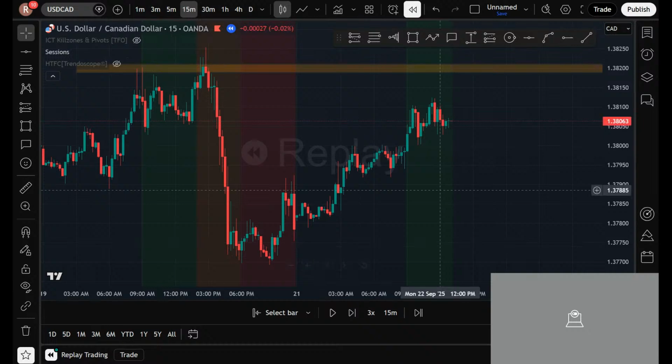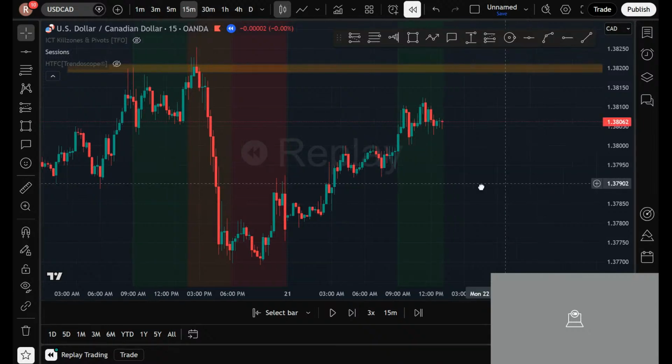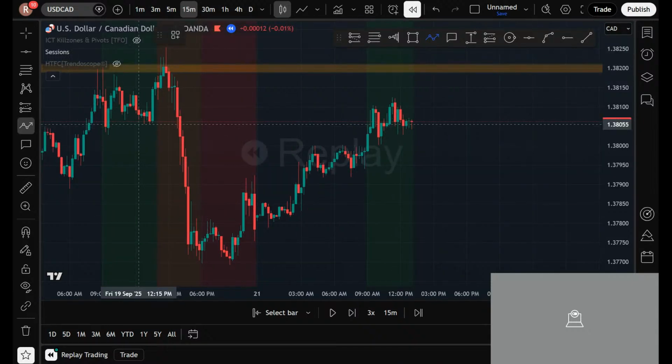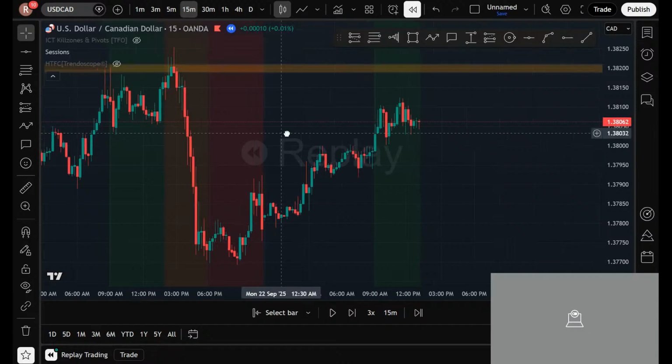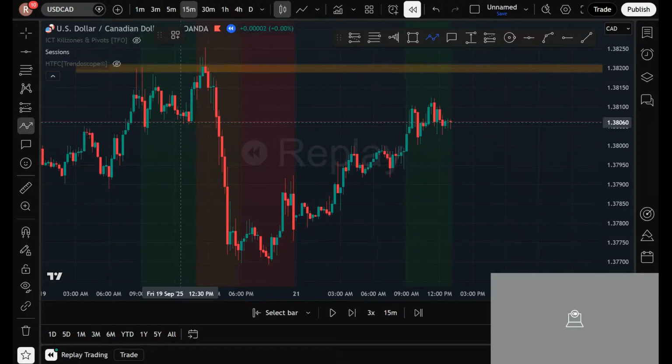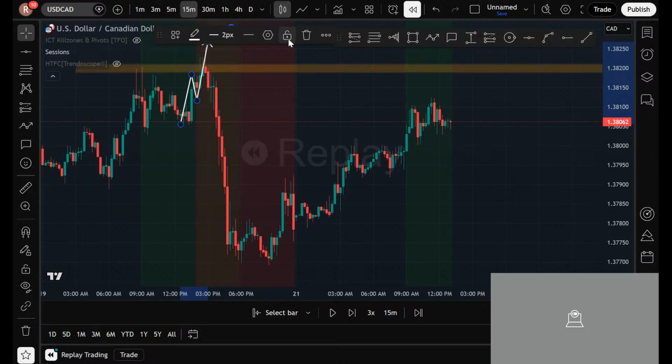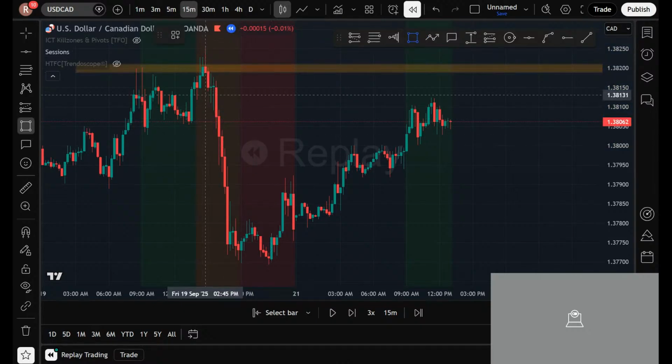15. So buyers, sellers, just selling. Price is printing like this. So what is my order flow that I have?